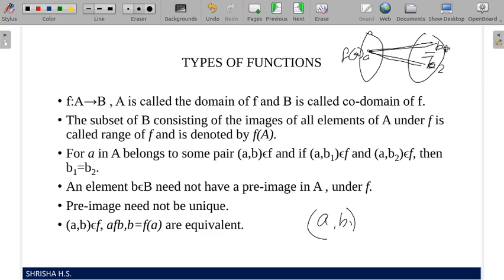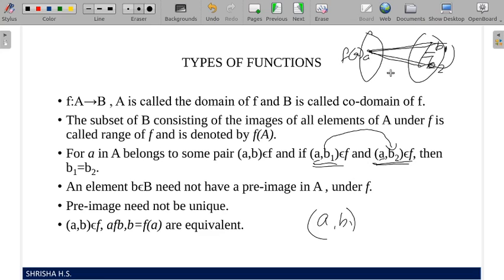That means they are basically the same. This is indirectly telling us that f of a will have a unique image in set B. If we get this kind of condition in any equation we are calculating, then b1 equals b2, because a can have only one image possible.